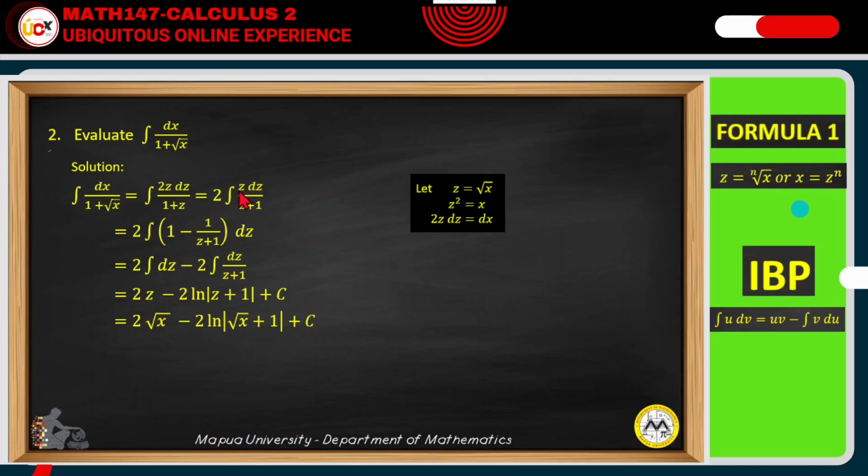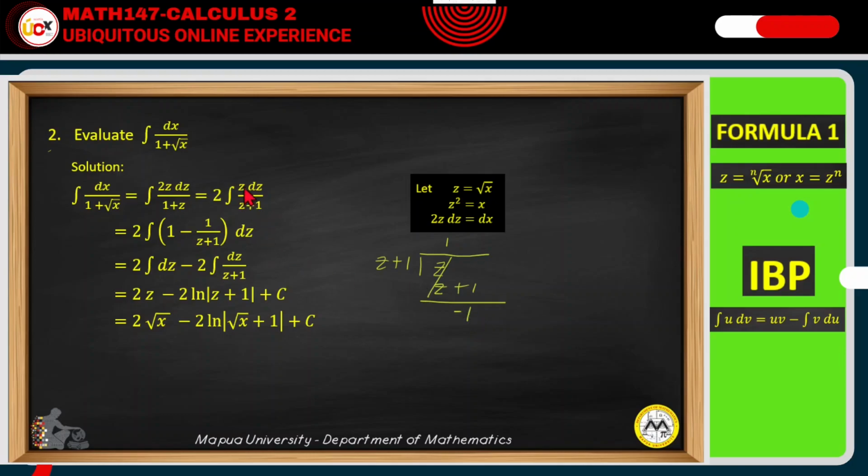But since z over z plus 1 is an improper fraction, we have to divide the numerator z by the denominator z plus 1. So dividing z by z, we get 1 multiplied by z plus 1, we have z plus 1. Then subtract, so this is 0. Then this is negative 1. So this is the quotient 1, and the remainder is negative 1.